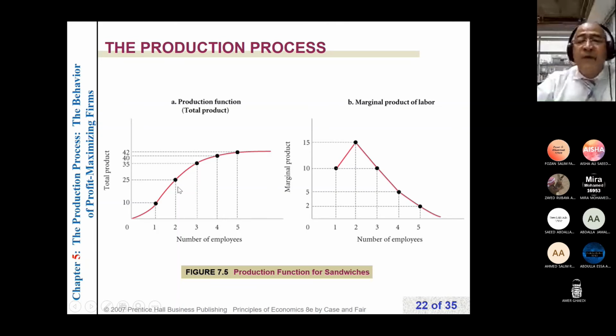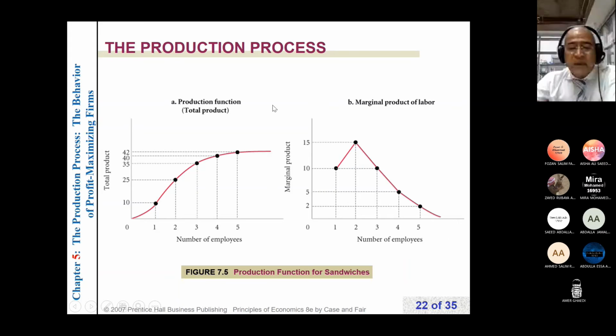But after the second worker, total product increases at a decreasing rate, causing marginal product to decrease. See here, from 15 to 10 to 5 to 2 to 0. If we continue adding more units after 6, total product may decrease, causing marginal product to take a negative value.